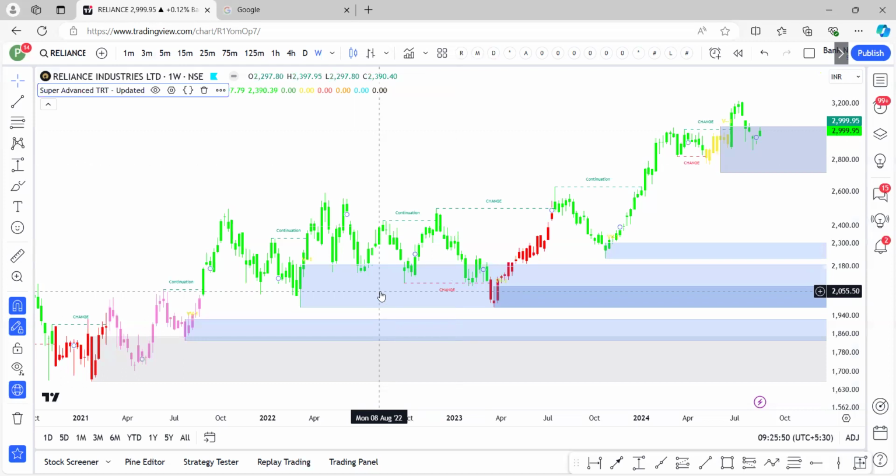And second, this super advanced TRT parameter, for how many days will it be available on our charts? Right now it will be available for 7 days, and after 1st September it will not be available. First we'll go through the course, and according to the packages selected, I have given you choices.